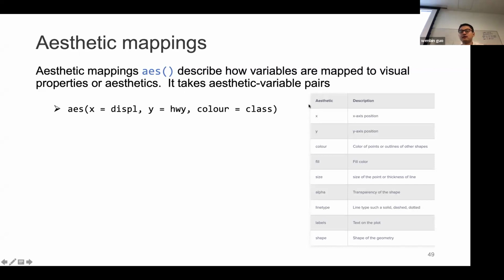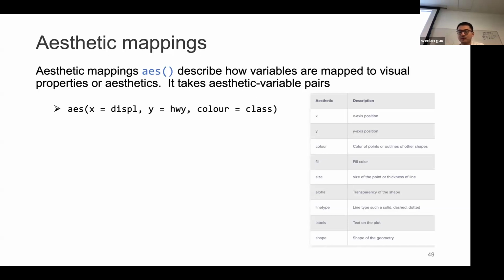For example, if you plot a scatter plot, you can specify the fill to decide what color to fill in the dot. With alpha you can set the transparency. For line type, if you plot a line, you can specify whether it's a solid line or a dashed line.